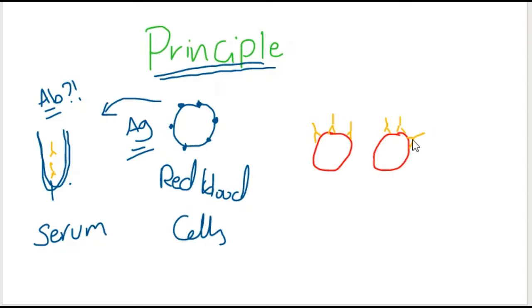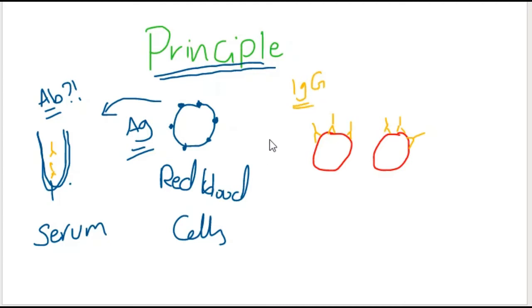However, in this case, we will not be able to see the reaction because in the sensitization step, there are no bridges formed between cells. So in order to have these, we have to add an enhancement reagent. Most of the clinically significant antibodies we are looking for in our sample are from the IgG class.